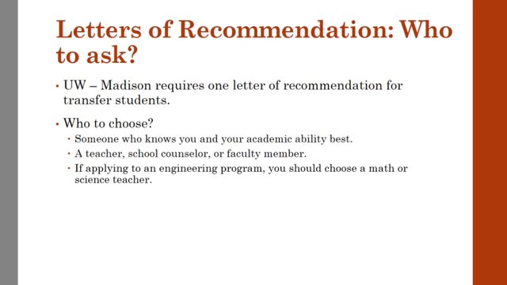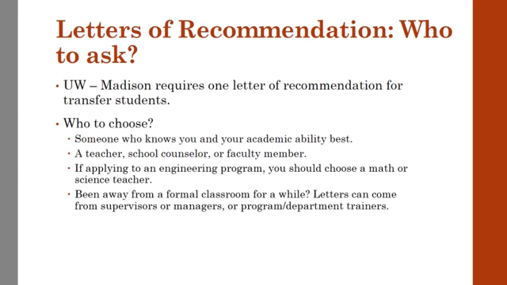If you're applying to an engineering program, it's recommended that you have either a math or science teacher write a letter on your behalf. If you've been away from a formal classroom setting for a while, it's okay for an employer to write you a letter of recommendation too. Specifically, you should choose a supervisor, manager, or trainer to write you a letter of recommendation.